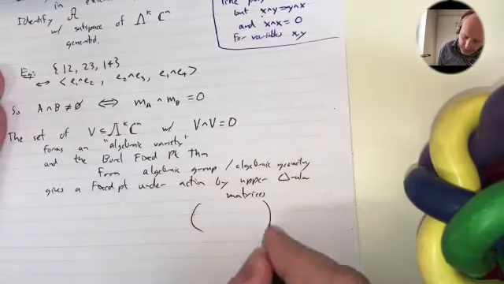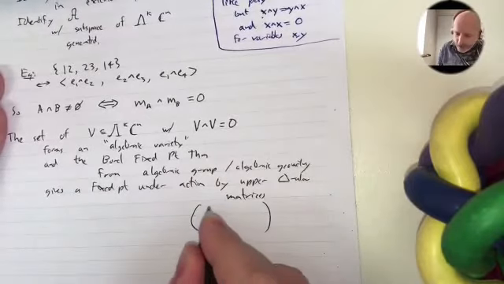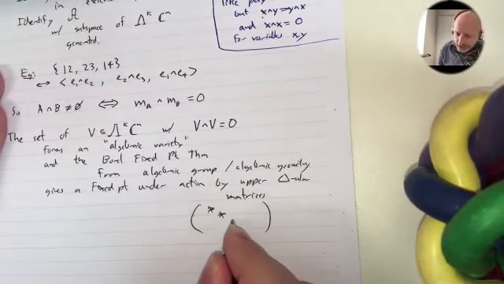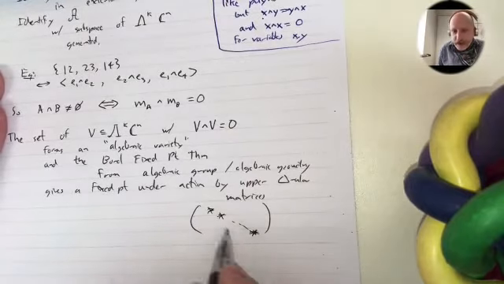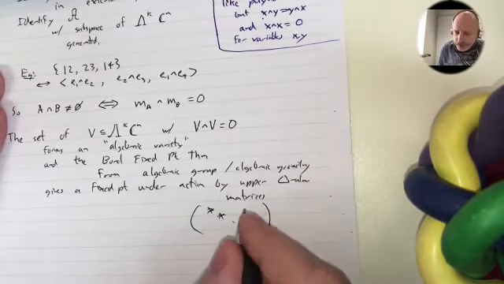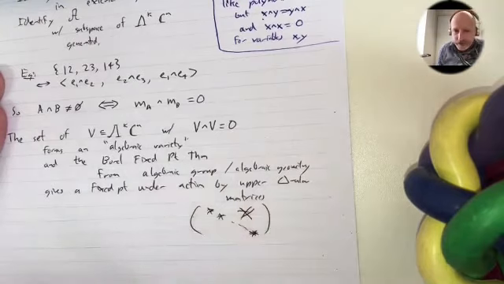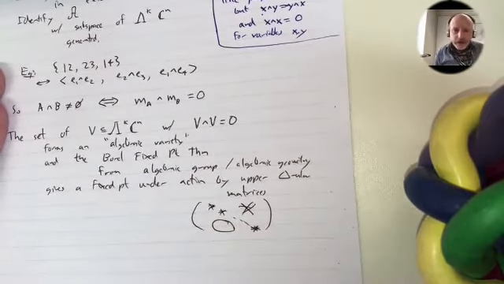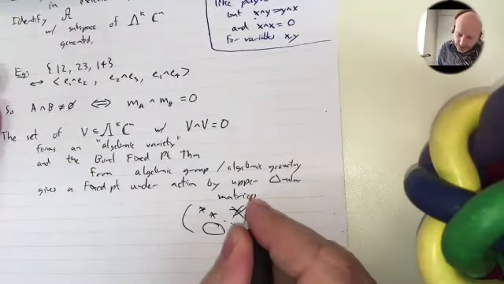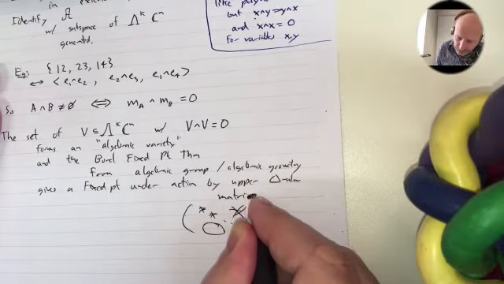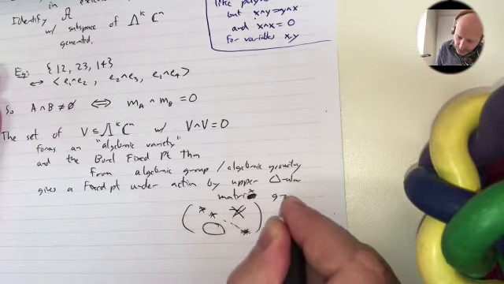By upper triangular here, I mean I have anything non-zero on the diagonal, I have anything above the diagonal, and I have 0 below the diagonal. Maybe I should say by upper triangular, let's say matrix group.